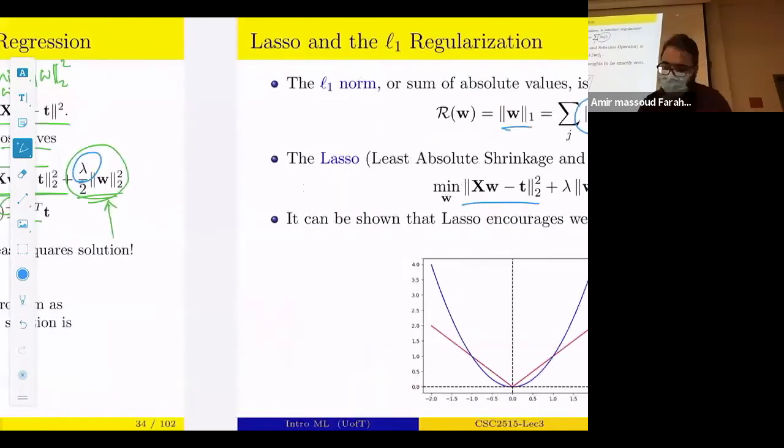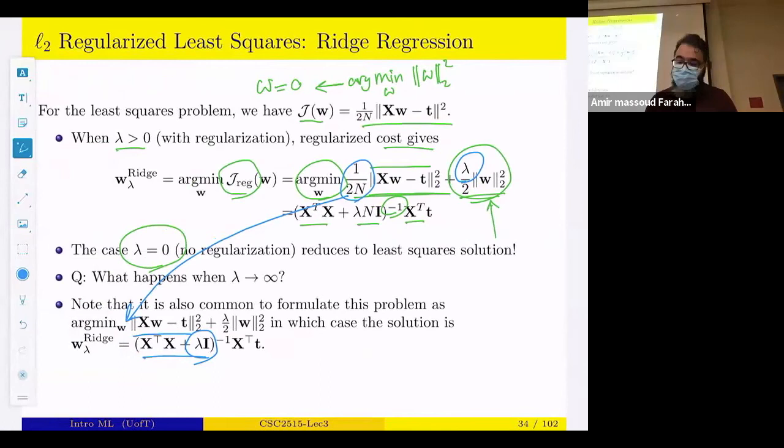squared, we have L1. I forgot to mention that what we have on this page is called ridge regression. Ridge regression is when we have least square error plus L2 norm for the regularizer.